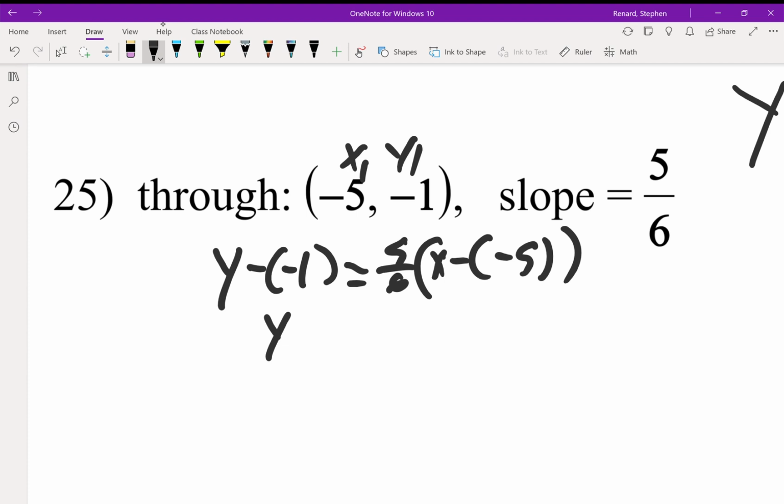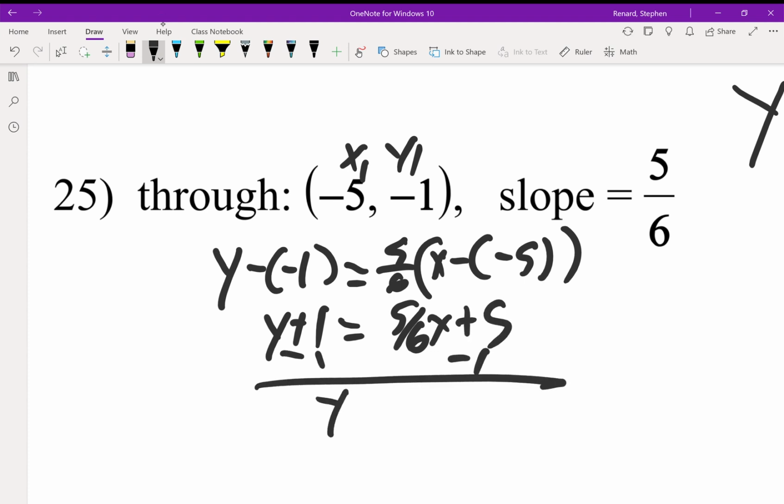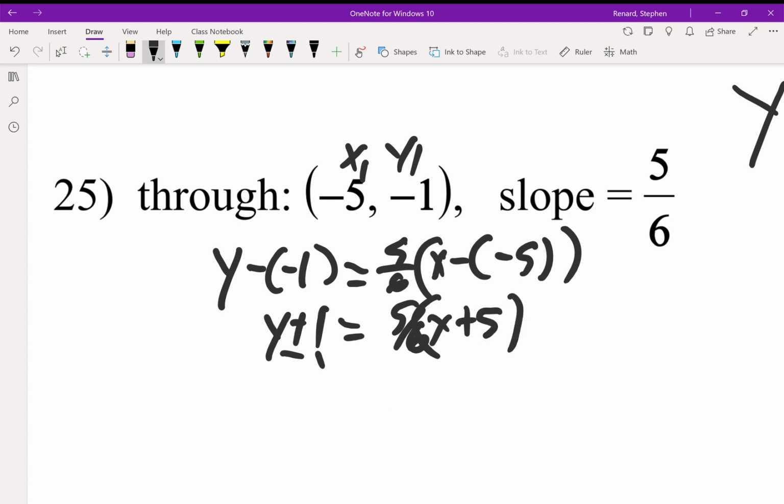So that gives us y plus 1 equals 5/6x plus 5. We're going to subtract 1 from both sides. So we get y equals 5/6. Oh, I totally forgot to... That's wrong. It's 5/6 times x plus 5. So we're not there yet.